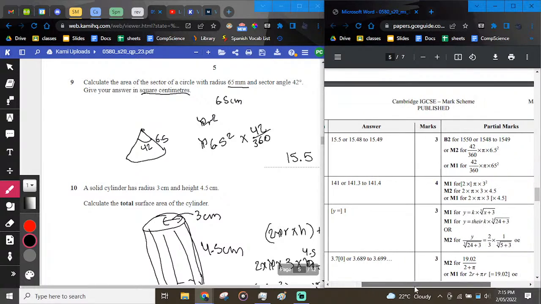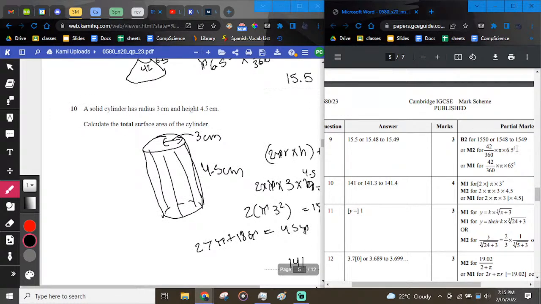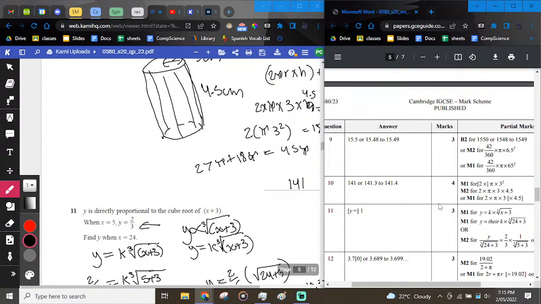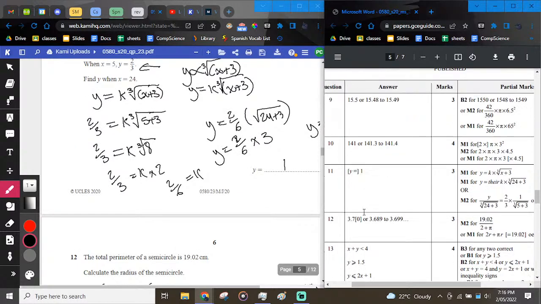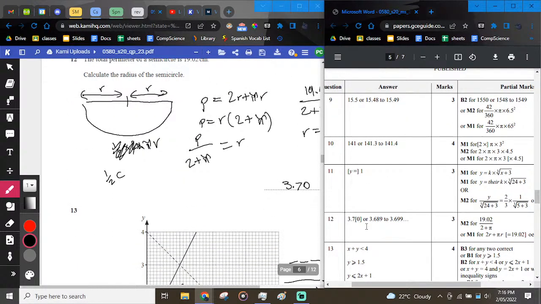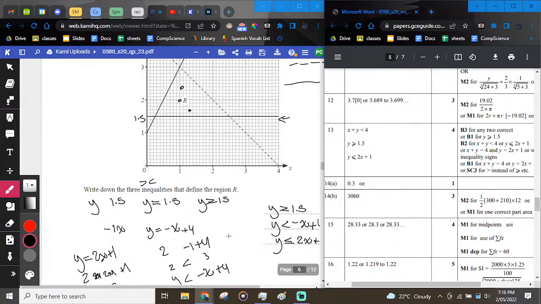This counts as working, guys. 15.5, I'll assume that. 141, yeah, looks legit. Y equals 1. Fantastic. 0. Yes, sir. And this one I was concerned about. X plus y is greater than 4.